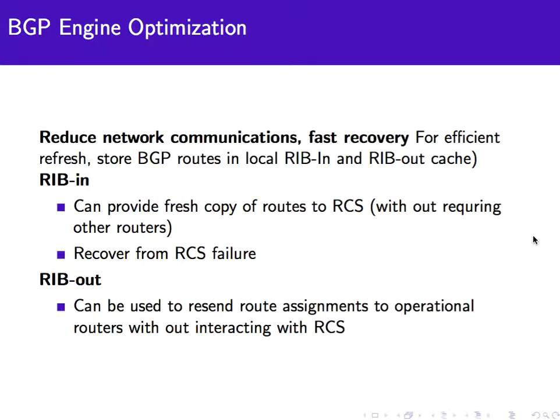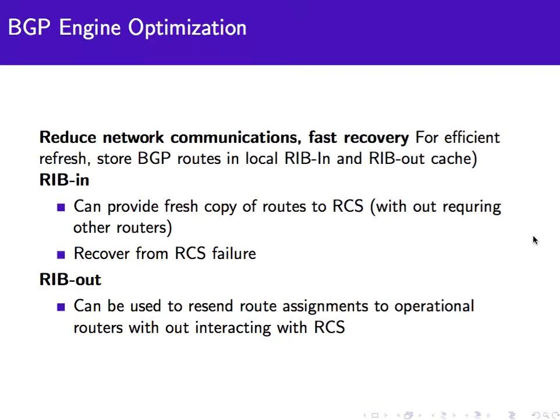Some of the optimizations for the BGP engine are to reduce network communications and provide fast recovery for efficient refresh. It stores BGP routing tables in a local routing information base cache and a routing information base output cache.